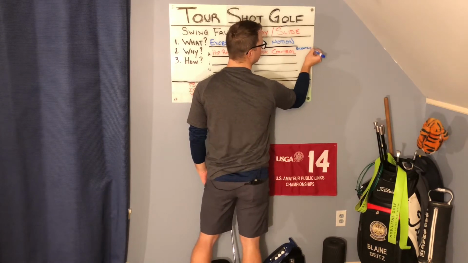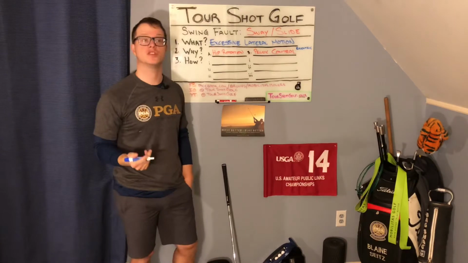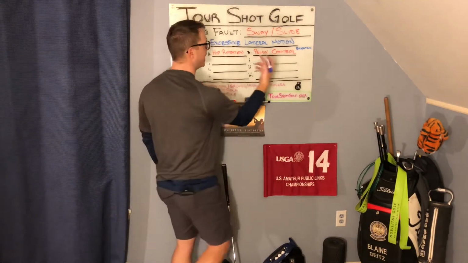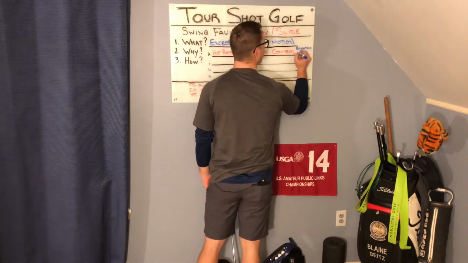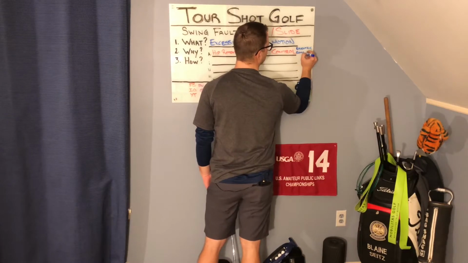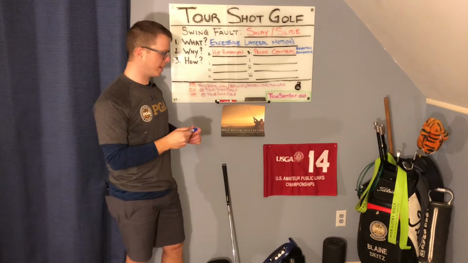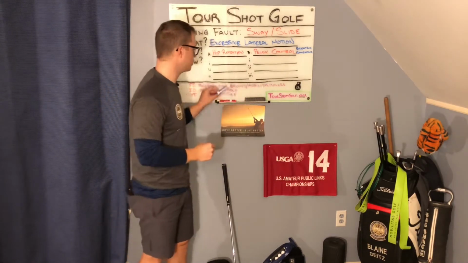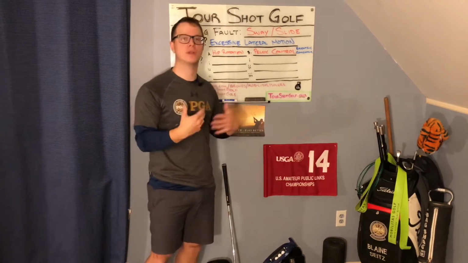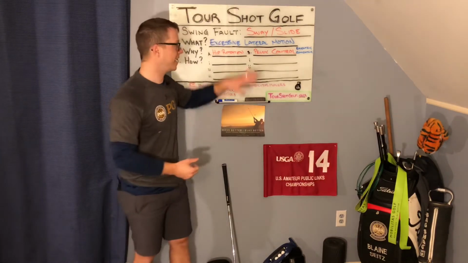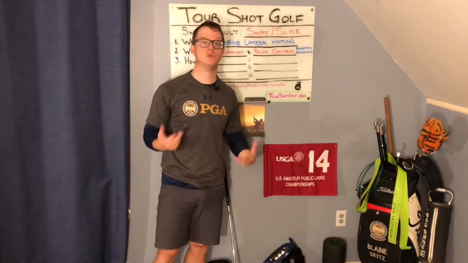Not something you need to know the term of, but it's important to understand the concept. And on the downswing, when we're talking about slide, we're talking about concentric strength. So real quick before we move into the rest, let's just define what these two mean, just so you have a better understanding of how to go through the protocol, because the exercises don't change, but how you do them will.